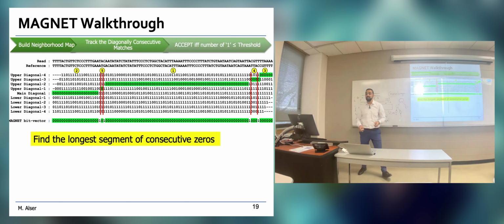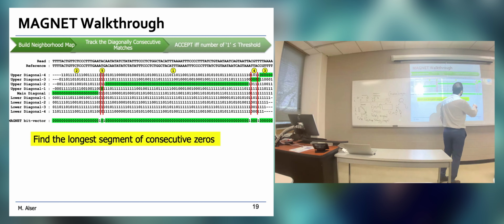So we have 6 zeros in the first mask. How about the second? Single, single, single. 2 zeros, 2 zeros. Single, 2, 3, 2, 3, 2, 1, 1, 2. Then we have 1, 2, 3, 4, 5, 6. We have 6 zeros over here, okay?